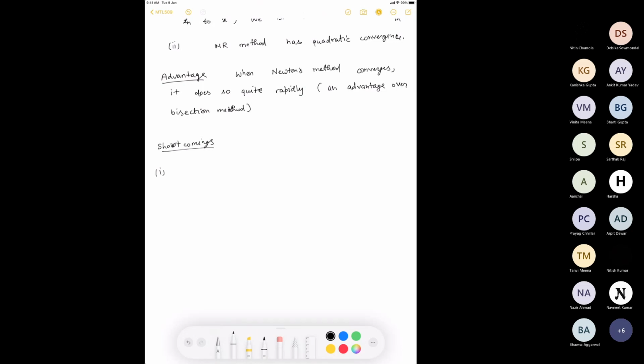If you are not able to get hold of the correct x naught, then this method will not converge. So this is very sensitive to the initial guess. So the first disadvantage is that this method need not converge.